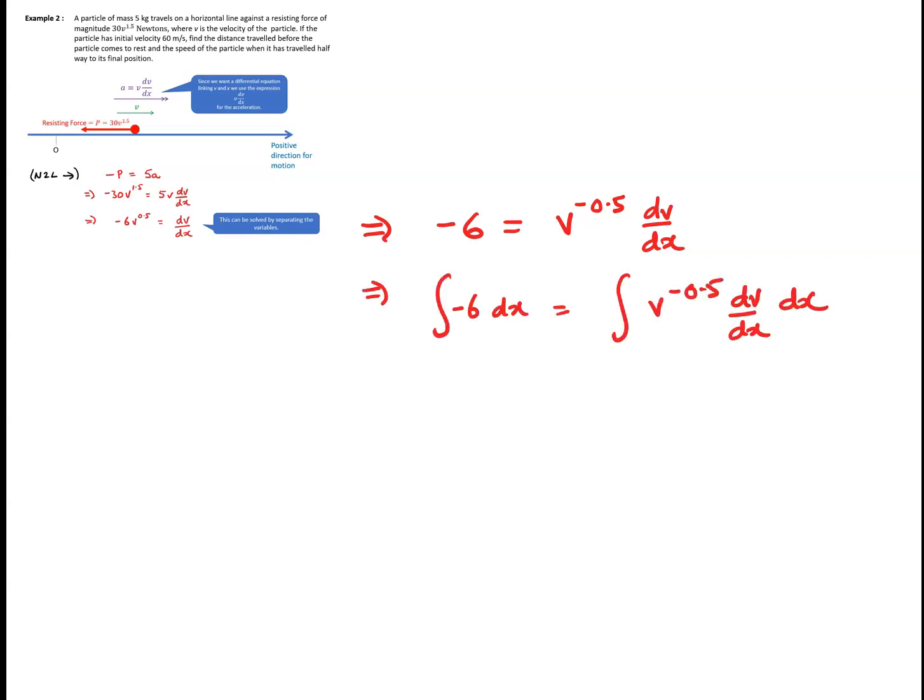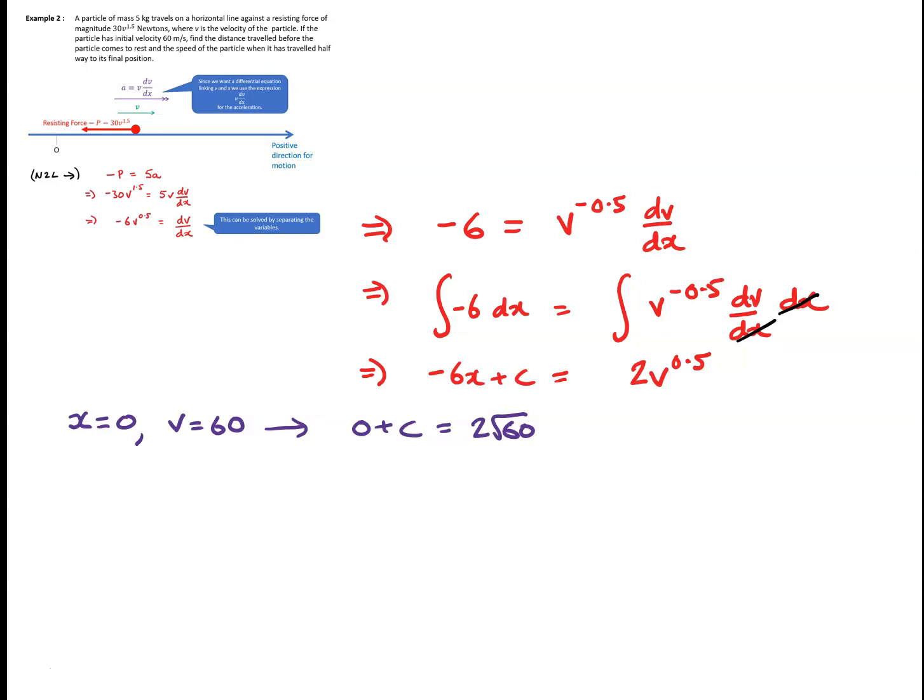Integrate each side with respect to x, gives me minus 6 integrated with respect to x is the integral with respect to x of v to the minus 0.5 times by dv by dx, which can be written as the integral of v to the minus 0.5 dv. Doing the integrations, we've got minus 6x plus c must equal 2 lots of v to the 0.5.